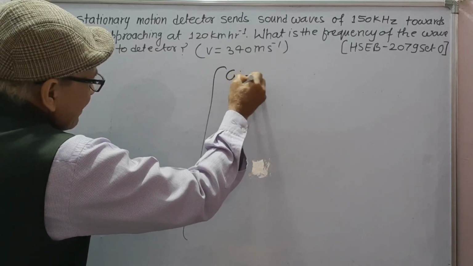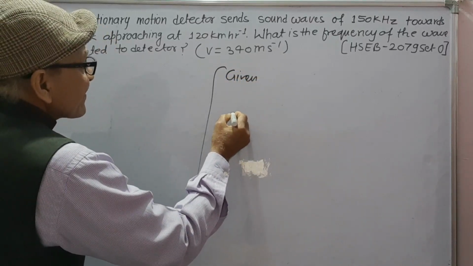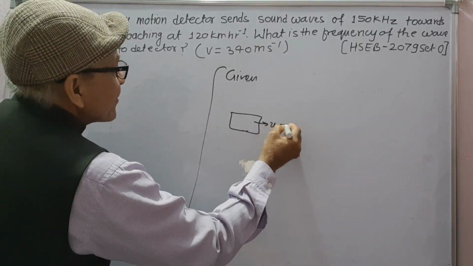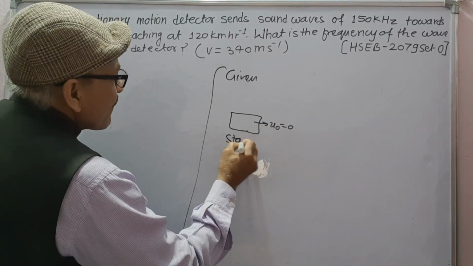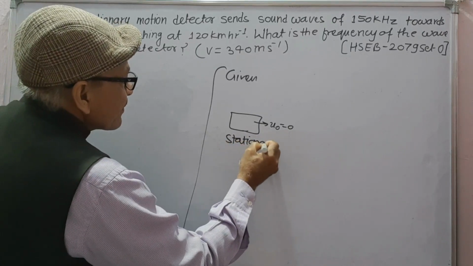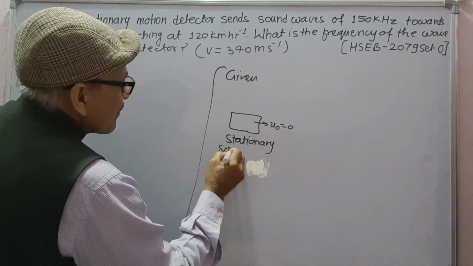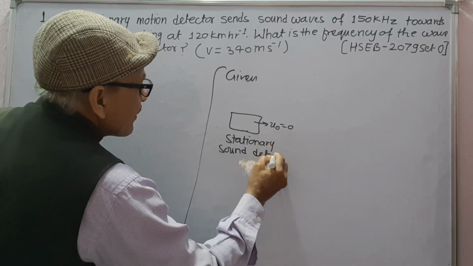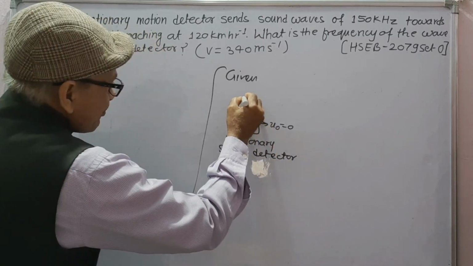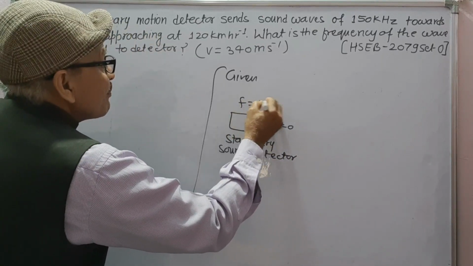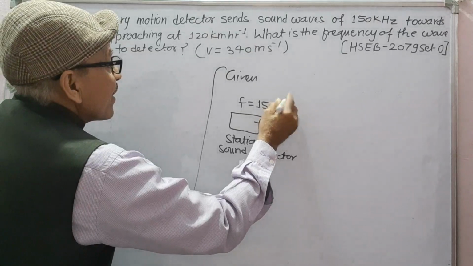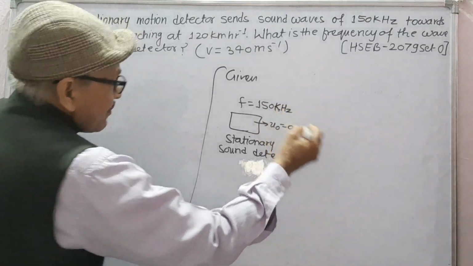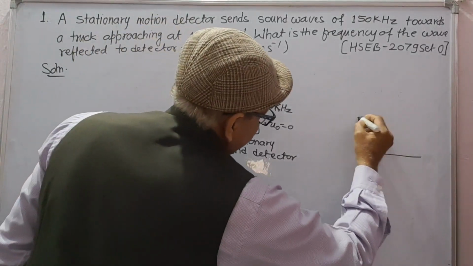Given, suppose this is a stationary detector, uo is 0. It is producing sound of 150 kilohertz frequency, which is reflected by a truck.